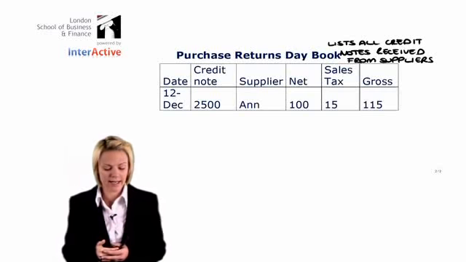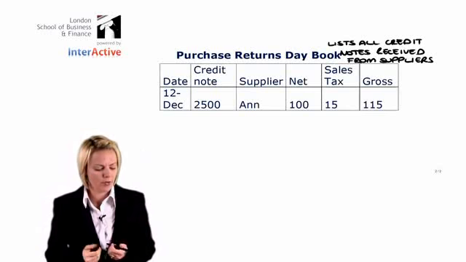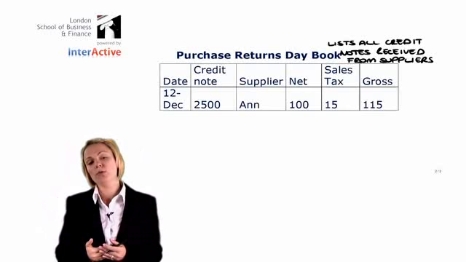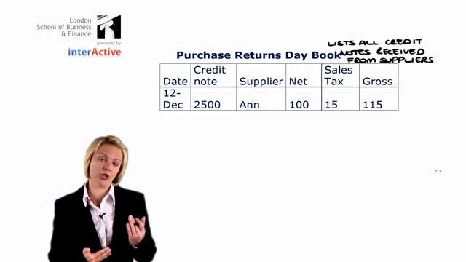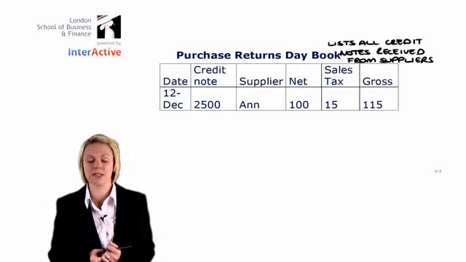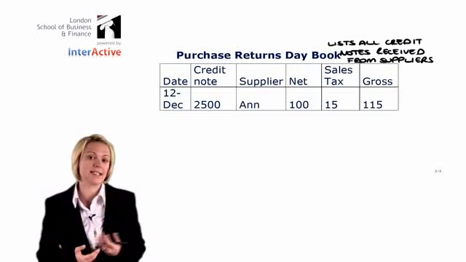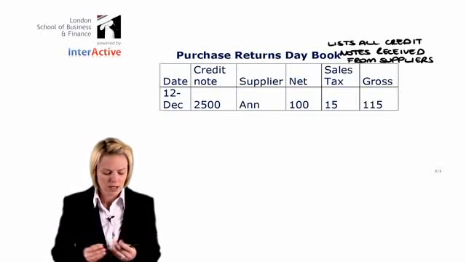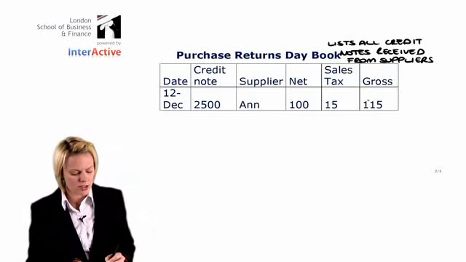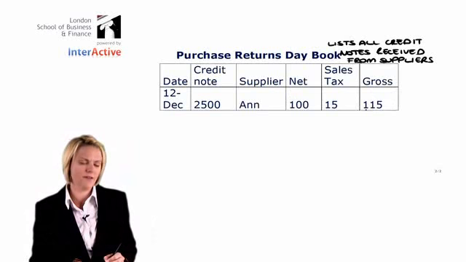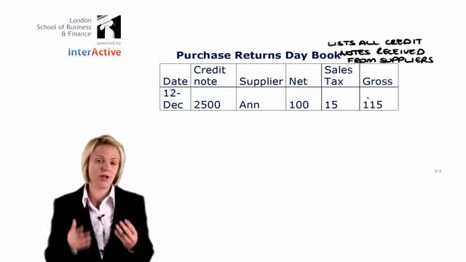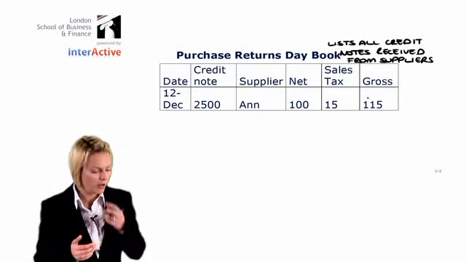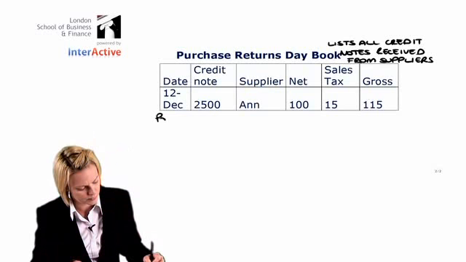So if we have a look then, again, we can see then that we've got the date, the credit note number, the name of the supplier who is giving us the credit note to reduce the value of the invoices that we need to pay, net sales tax and gross. So we can see then that we've received a credit note of $115 gross from supplier Anne, and we're going to account for the double entry from the totals.